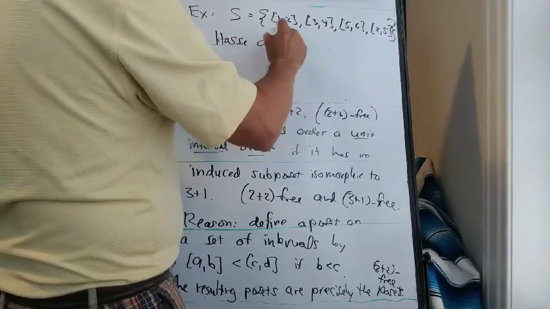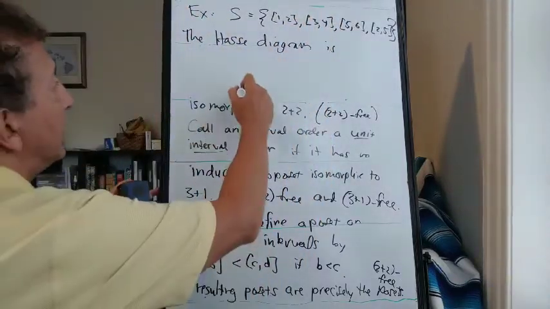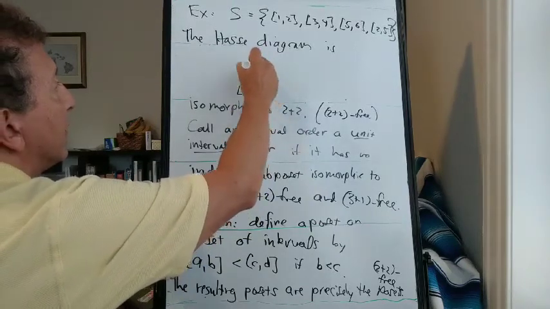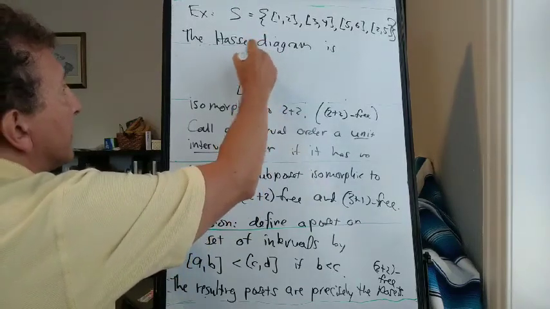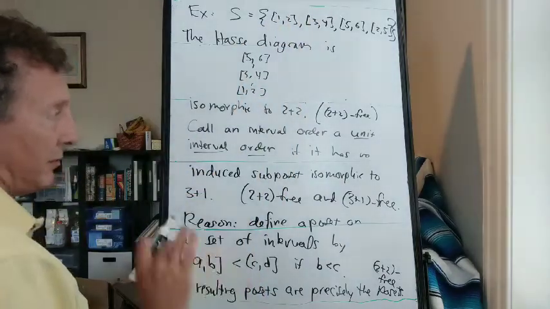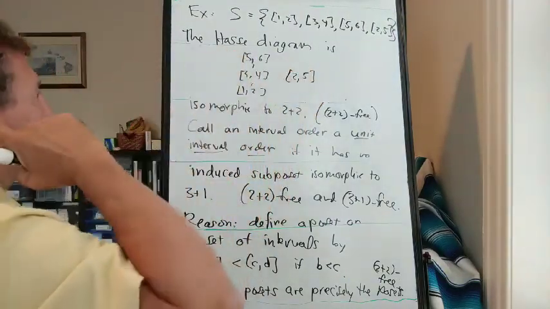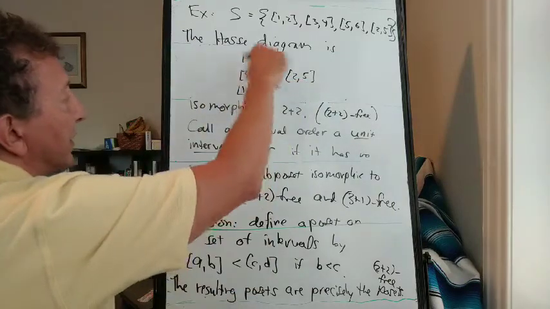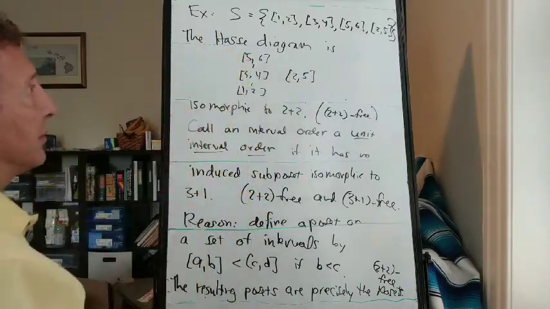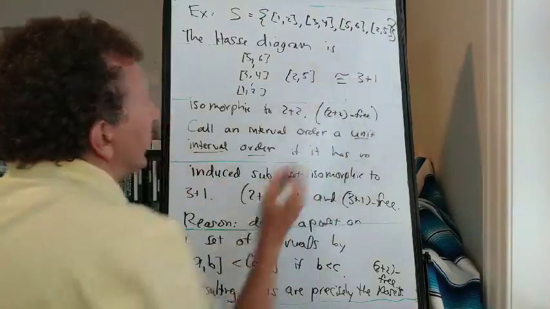So the Hasse diagram is: 1,2 is less than 3,4, which is less than 5,6, and 2,5 touches 1,2. Even though it touches at one point, they become incomparable. 2,5 obviously touches 3,4 because it contains it, and then it touches 5,6 at the endpoint 5. So 2,5 is incomparable to all of these three. And that is the poset 3 plus 1.